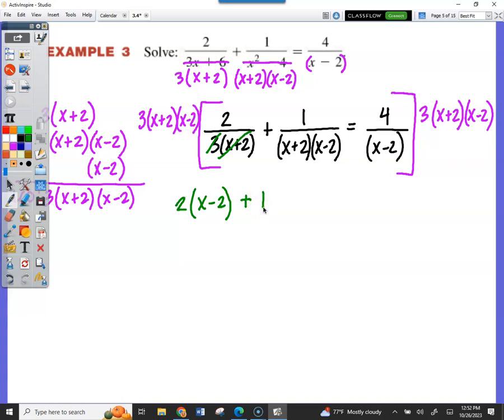Here we go. The 3 is not going to cancel anything down here, so it's going to get multiplied by 3. The x plus 2 cancels, the x minus 2 cancels. You see that? Copy the equal. Copy the 4. This x minus 2 would cancel with this one. I'd be left with 3 and x plus 2.